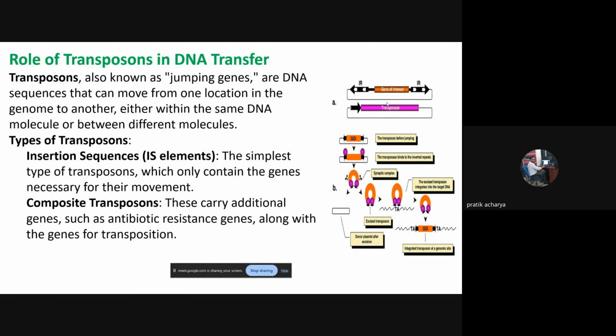Particularly if we are talking about bacteria, DNA transfer means movement of DNA, movement of genetic material from one bacterium to another bacterium. What happens in horizontal gene transfer? Different processes we have already discussed: transformation, conjugation, and transduction. Then we'll go to the transposon.